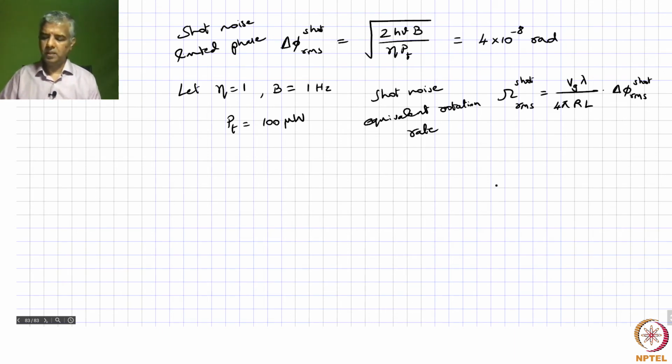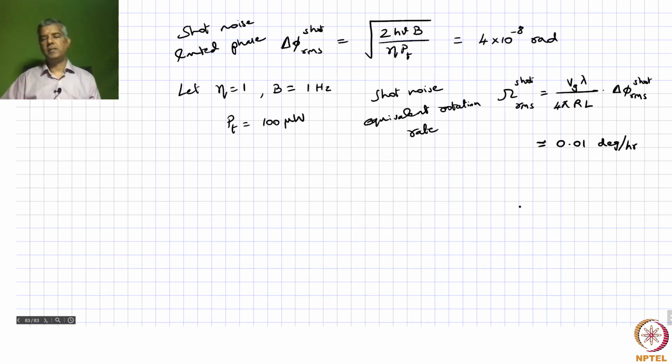So if you plug all this back in, previously we assumed Vg is 2 into 10 power 8, lambda is 1.5 into 10 power minus 6, L is 200 meters, R is 10 centimeter. If you plug all of those in, you get a value of the order of roughly 0.01 degree per hour.